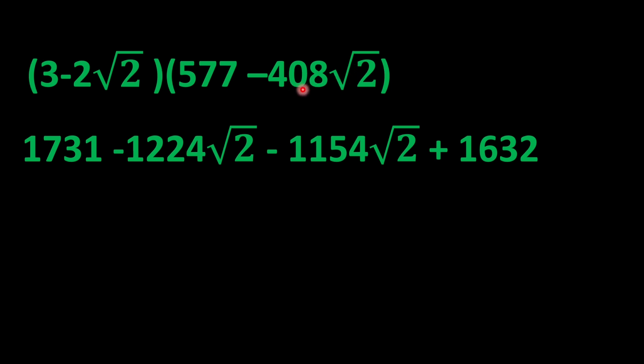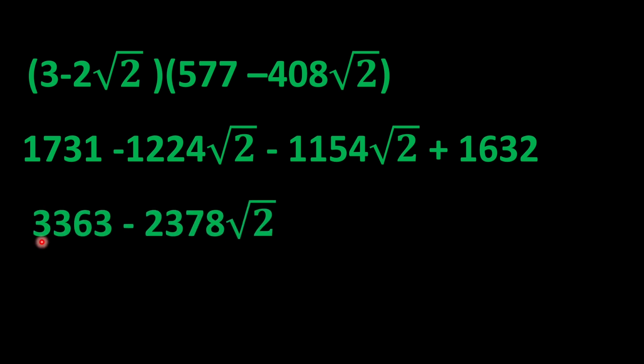So 816 multiplied by 2 equals 1632. Finally we will add this 1632 with 1731, so it will become 3363, and we will add 1224 under root 2 with 1154 under root 2, so it will become 2378 under root 2.